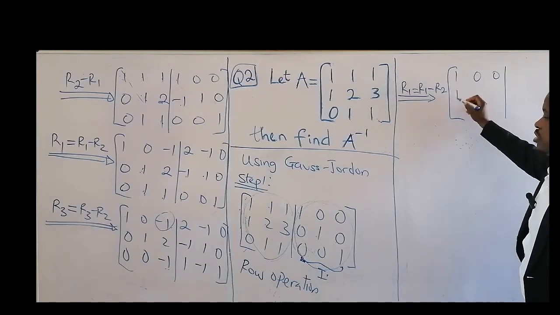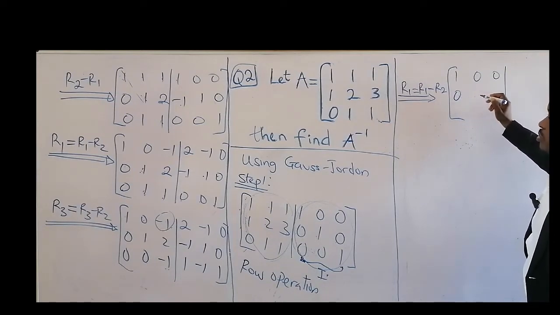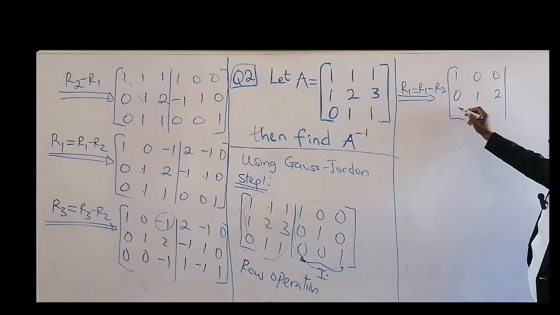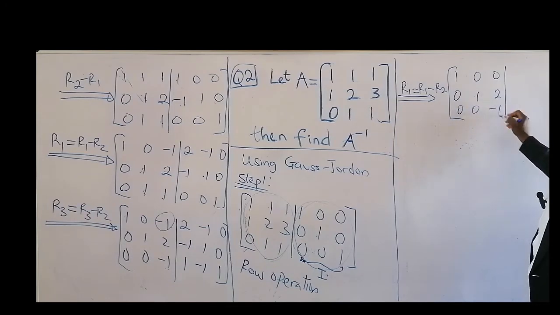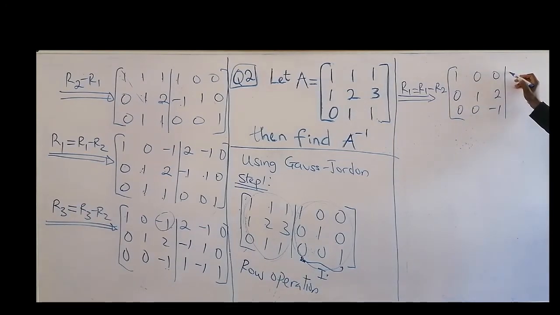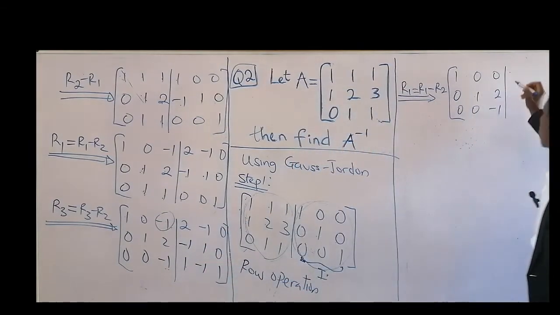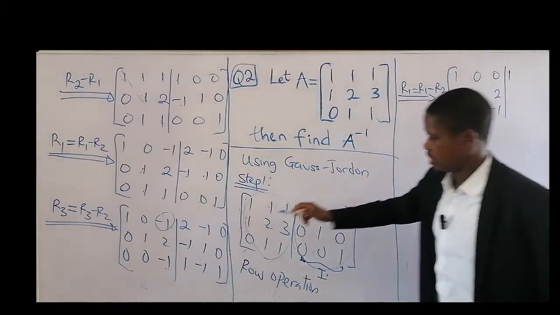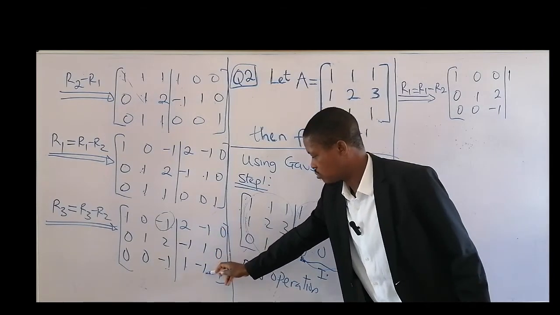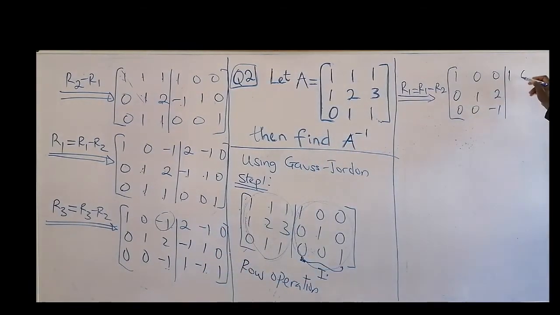This one is not changing. 3 is not changing. 0, 1, 2. Here is 0, 0, minus 1. Here is a 2. 2 minus 1, that's 1. And then minus 1 plus 1, that's 0 here.